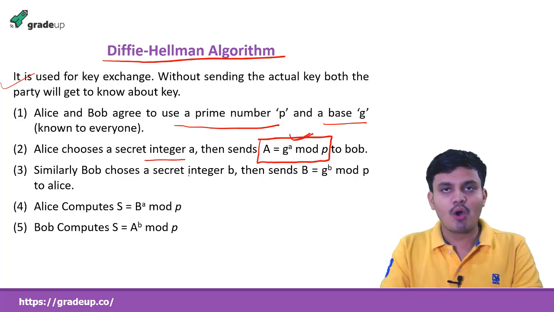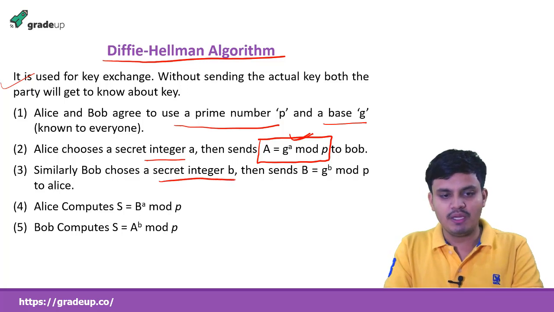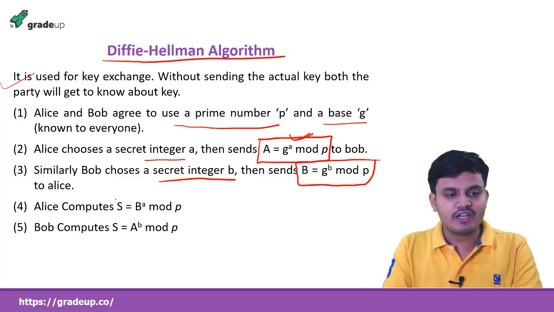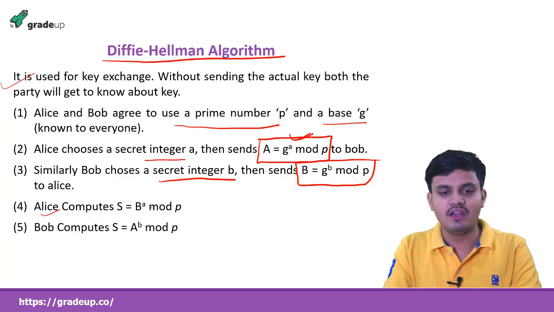Similarly, Bob is going to choose a secret integer b and send B to Alice. Now Alice is going to compute s is equal to B power a mod p. B will be this, which is sent by Bob.